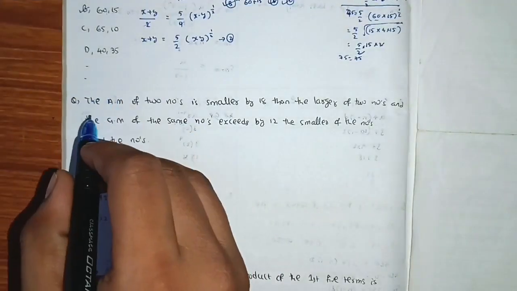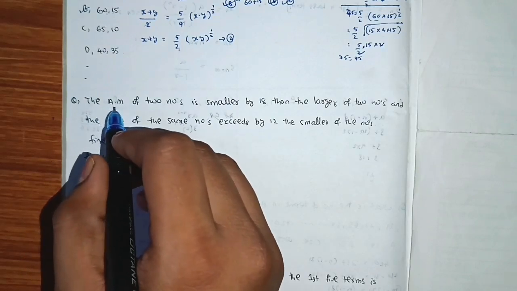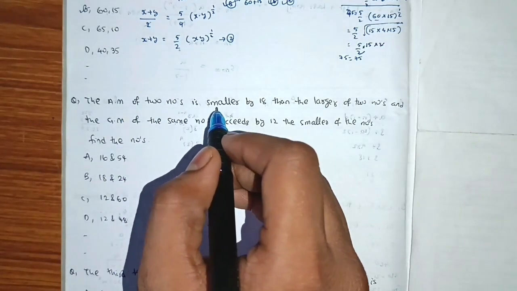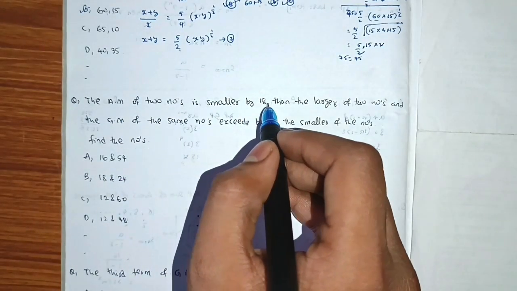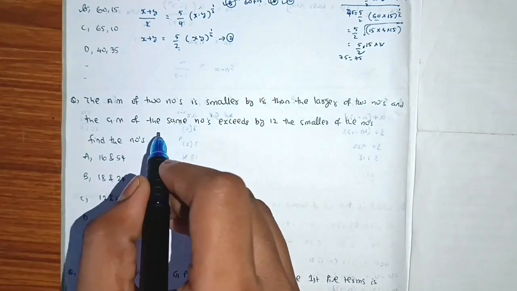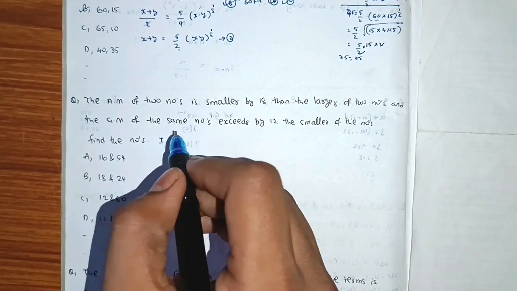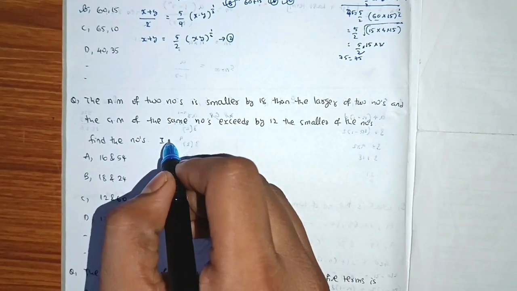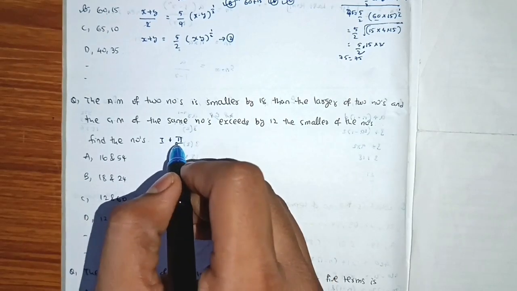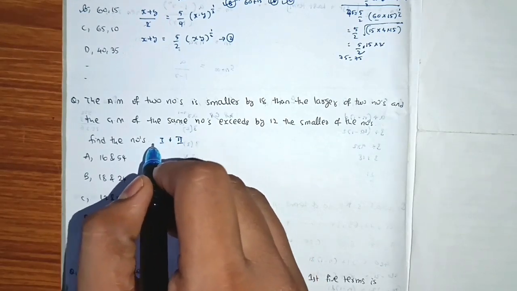Now the next question is about the arithmetic mean. AM means arithmetic mean, written in short form. The arithmetic mean of two numbers is smaller by 18 than the larger of the two numbers. Let us assume the two numbers are 1 and 2. In this case the second number will always be bigger than the first.